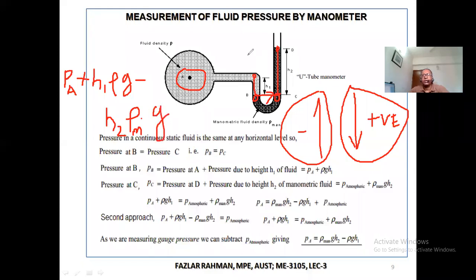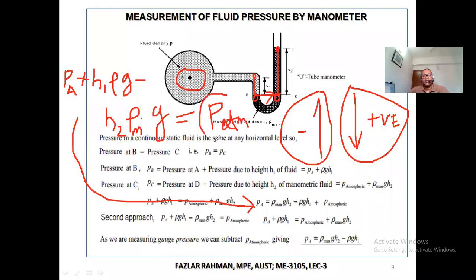Now where did we come to? Now in point D, equal to pressure at point D. How much pressure? P atmospheric pressure, P ATM. Now this equation and this equation are the same. We figure out the PA from here.